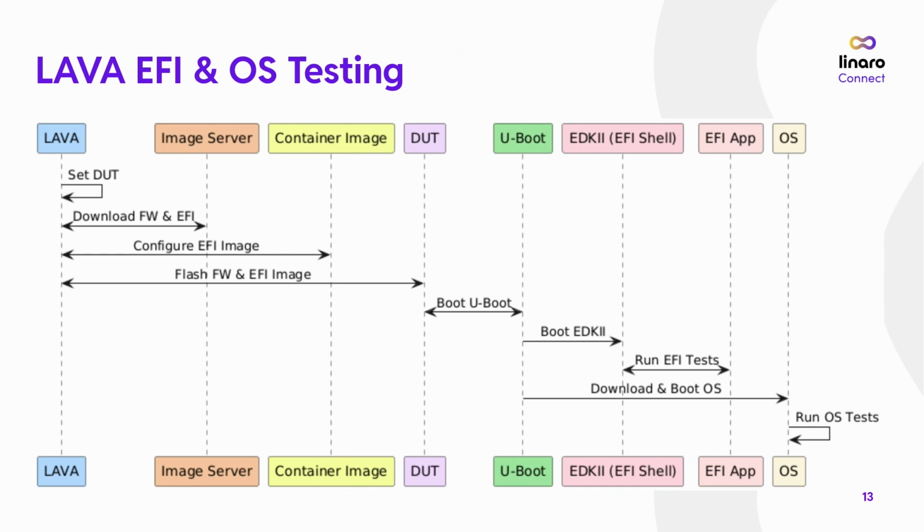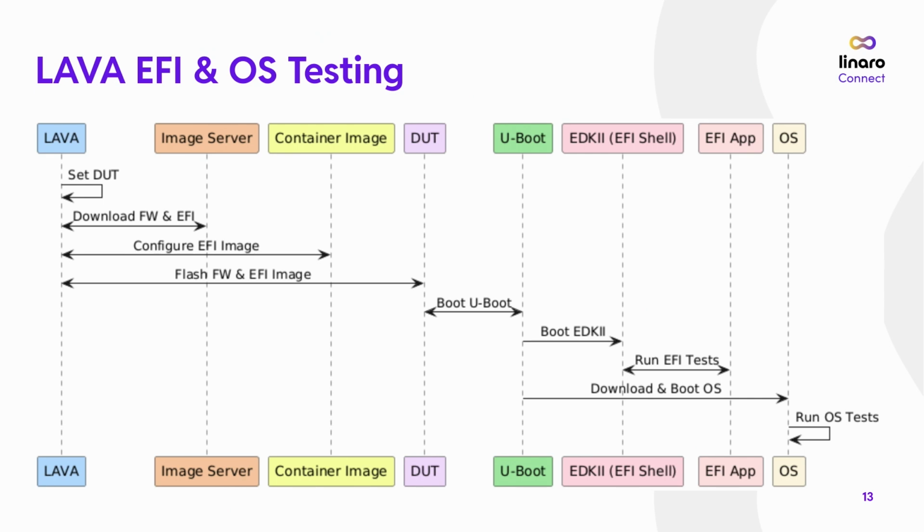It configures the image in the container, interacting with the Lava dispatcher, and then flashes the image, only the firmware image, and then boots to U-Boot, and from U-Boot to ADQ2.